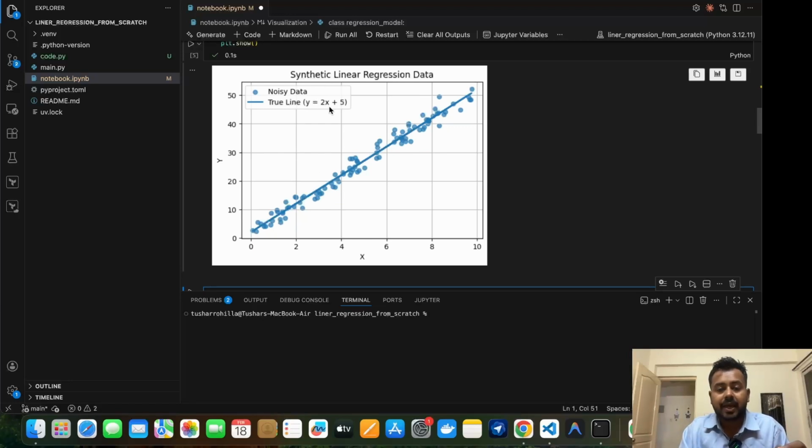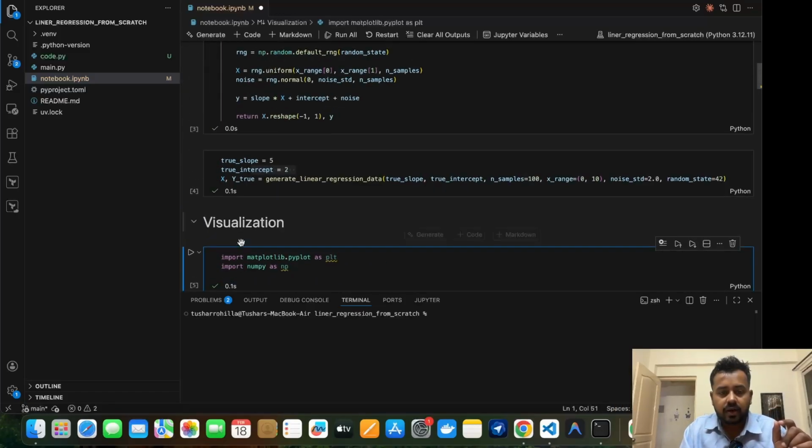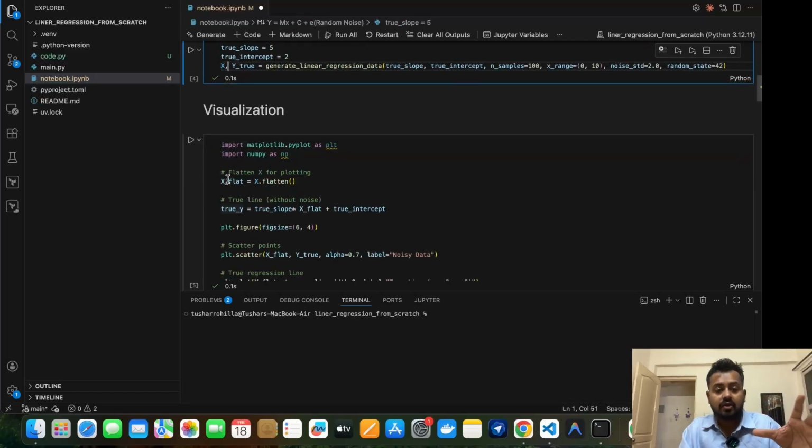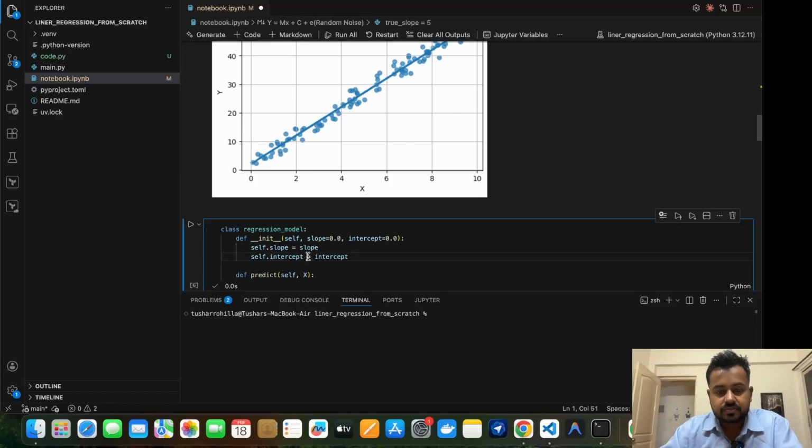These are the parameters which our model should learn. We'll pass this y true data and the x, not the true y line. With this data we'll train our model, and our model will learn okay, this is the line along which these points are varying.